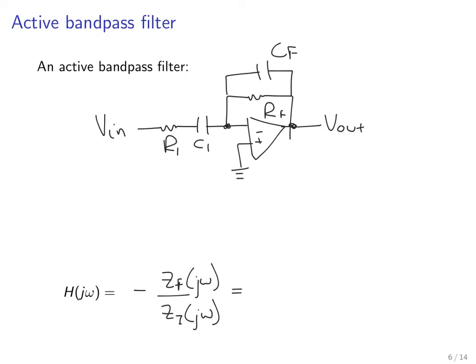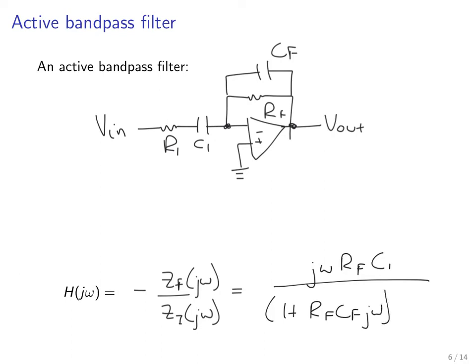And if we substitute the parallel combination of RF and CF for the feedback impedance and the series combination of R1, C1 as the input impedance, and then we do some algebraic manipulations, we can get to the expression j omega RF times C1 divided by (1 plus RF CF j omega) times (1 plus R1 C1 j omega).